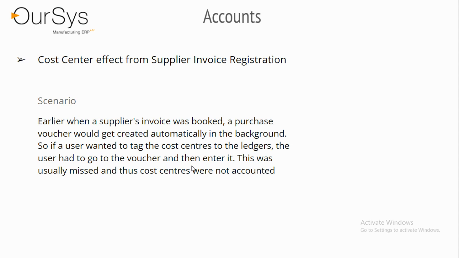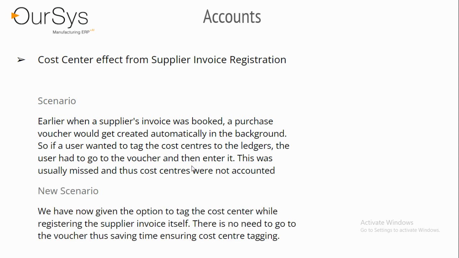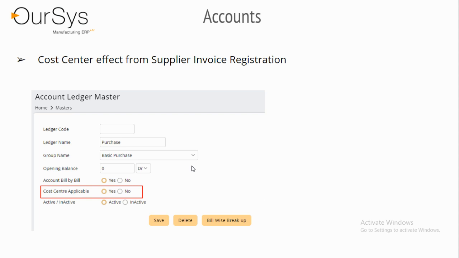This was time consuming for me as an accountant. Now, in the new scenario, we have given an option to tag the cost center while adding a supplier invoice itself. So there is no need to go into the supplier invoice, go to a particular cost center, balance the voucher and save it. The system will automatically balance it.